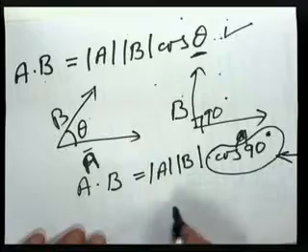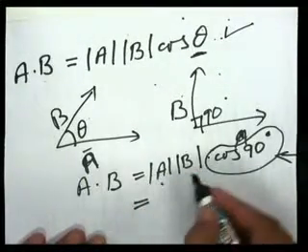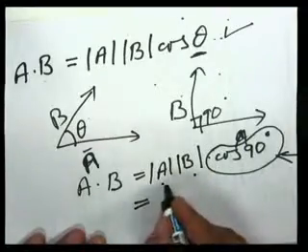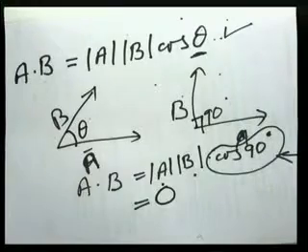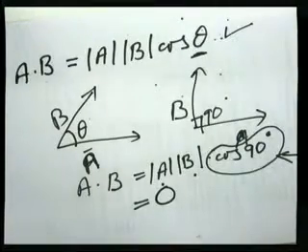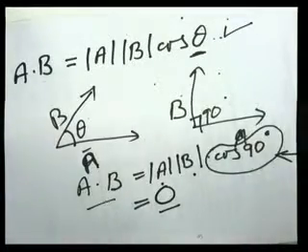So whatever the values of modulus A and B, the dot product is 0 when we have two perpendicular vectors, or vice versa: when the dot product is 0, the angle between the two vectors is 90 degrees.